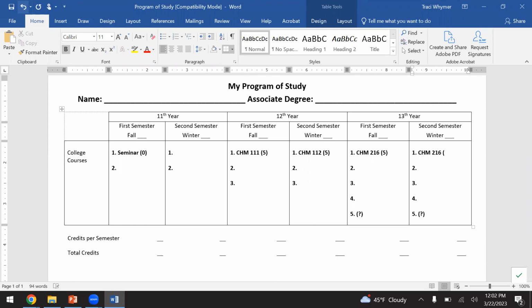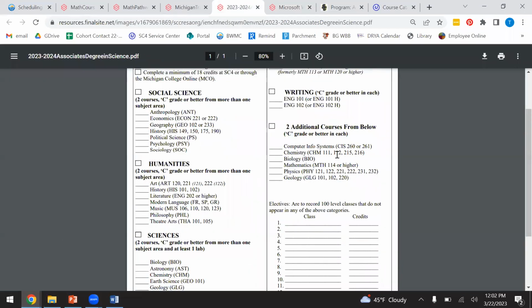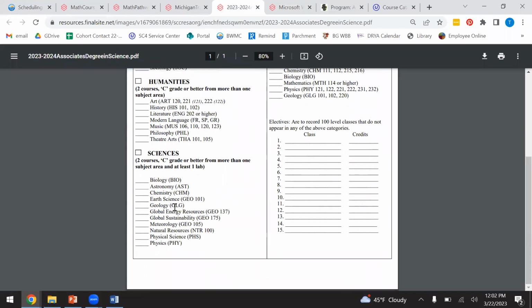So you can know that these 4 chemistry classes are going to complete your 2 additional courses, and they will complete 1 of your sciences. So you would know one of your sciences will be a chemistry, but then you would know that I'm going to need also a biology of some sort.